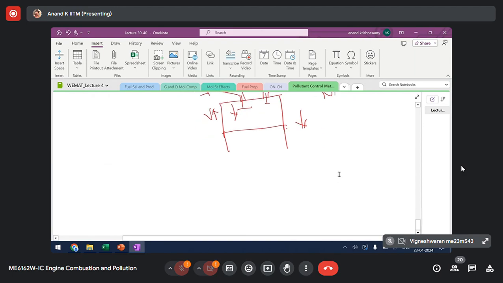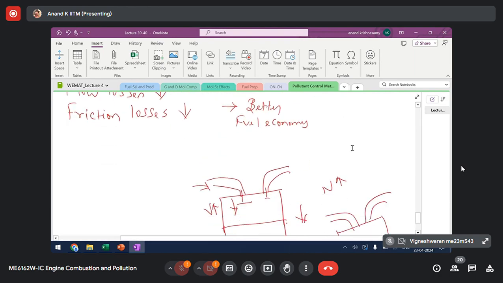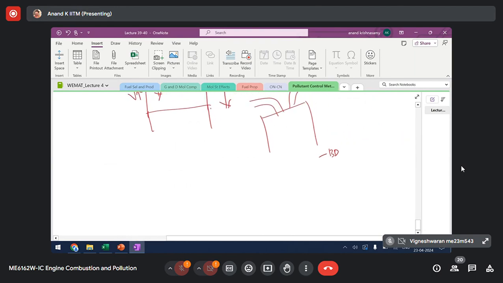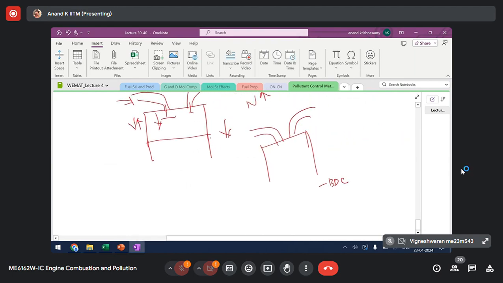After the piston reaches BDC, it is going to move up. So when the piston moves up, you have the valve in the open condition. The charge is entering with some velocity, and the piston is moving up.